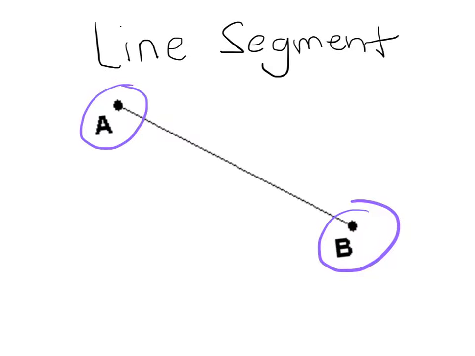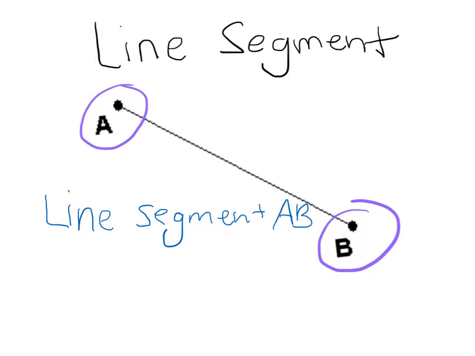So you might be asking yourself, how do we name this line segment? Well, there's a couple names for this line segment. One way we could name it is we can call it line segment AB. So you can actually write out the word line segment AB. But that's really long, so we would rather write it a different way.